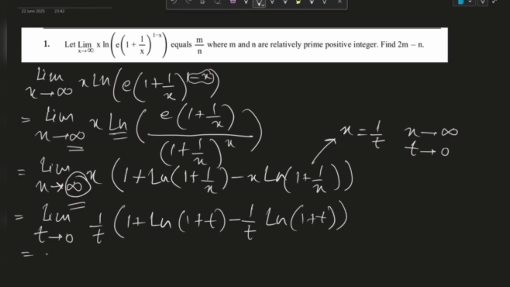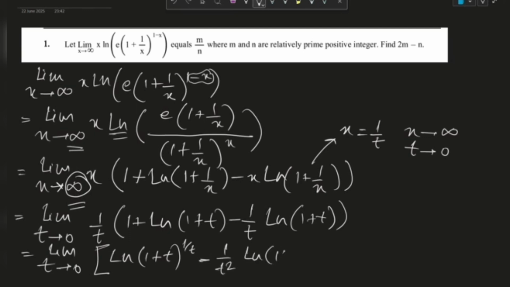So now I will write this as limit t tends to 0. I will take this 1 by t inside, so this will become ln of 1 plus t power 1 by t. I just took this to the power because 1 by t after getting multiplied here can go to the power with properties of log, and this thing will become minus 1 by t squared ln of 1 plus t, and we have plus 1 by t from here.